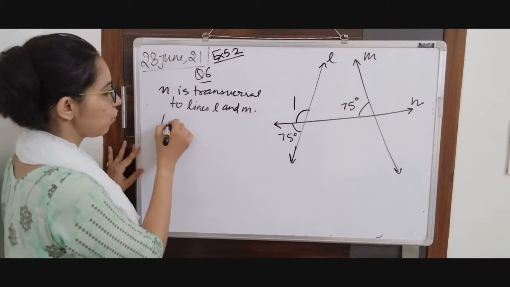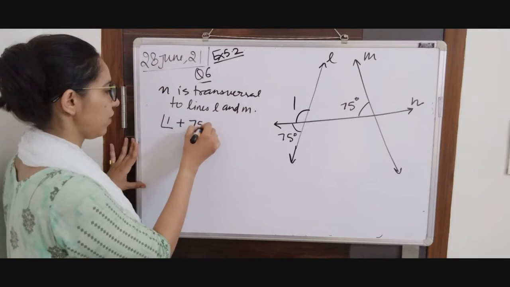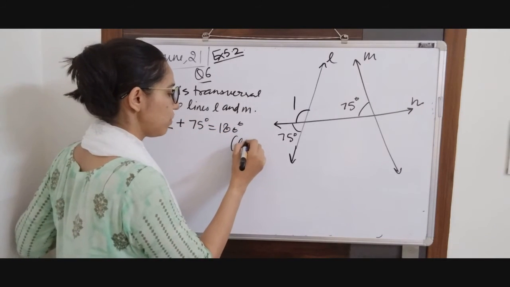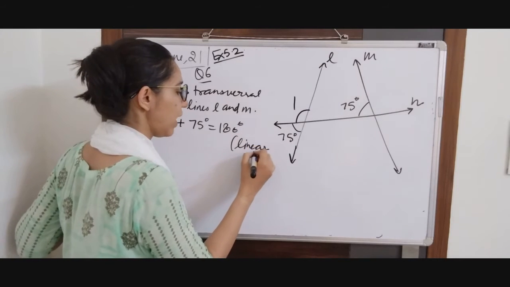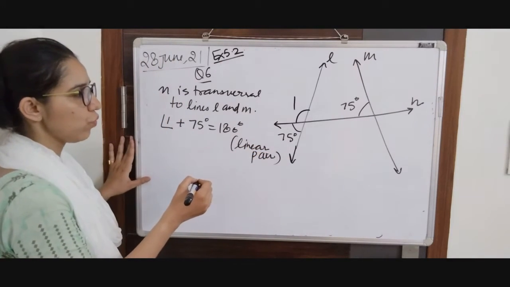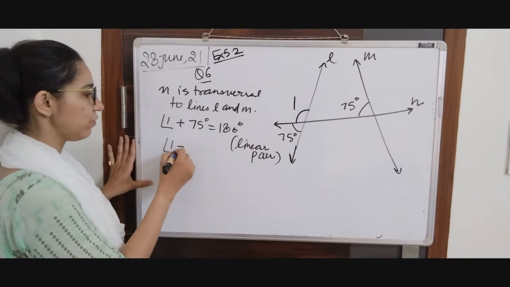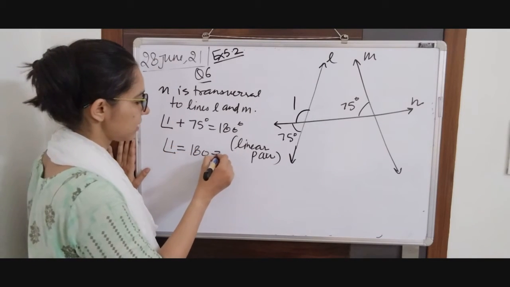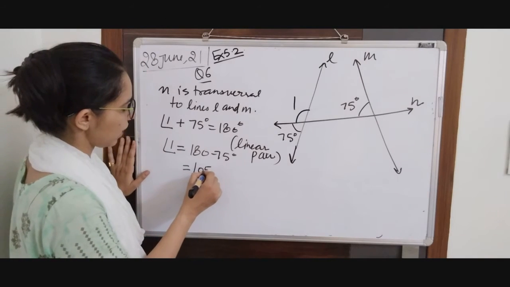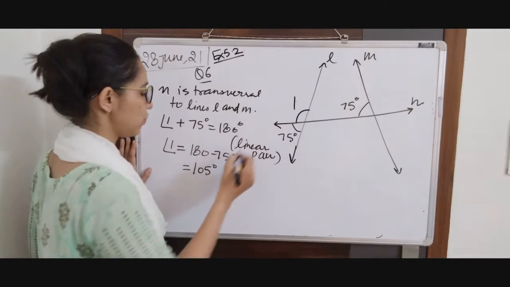Now angle 1 plus 75 degrees is going to be 180 degrees because of linear pair. They lie on the line, so the sum of the measures of their angles should be equal to 180. Now angle 1 will be equal to 180 minus 75, which is 105 degrees. So this angle is 105.